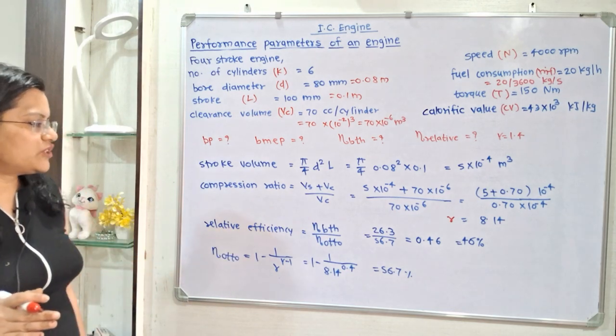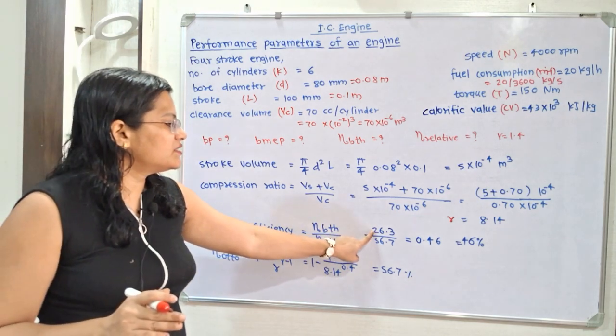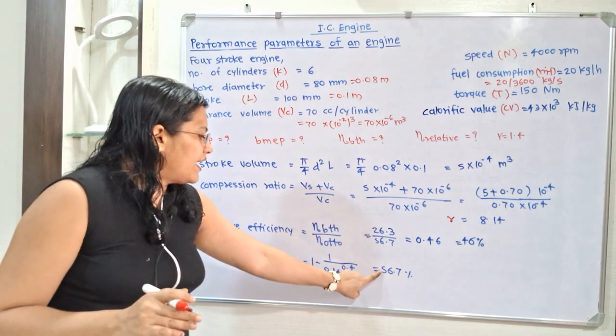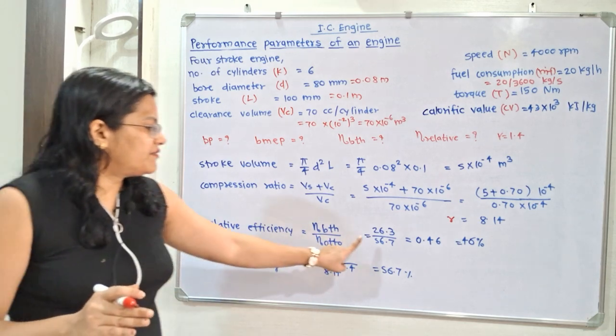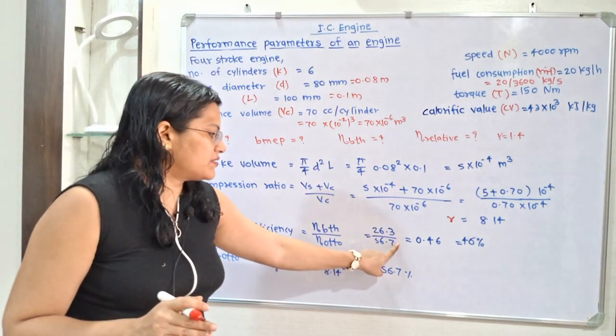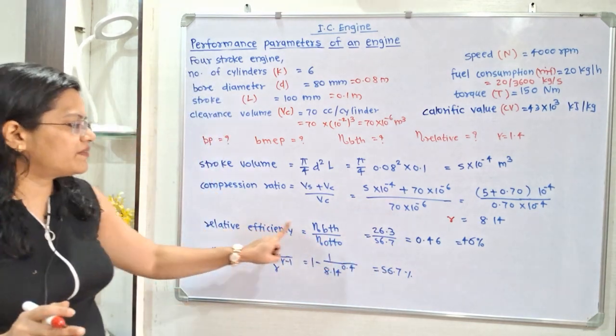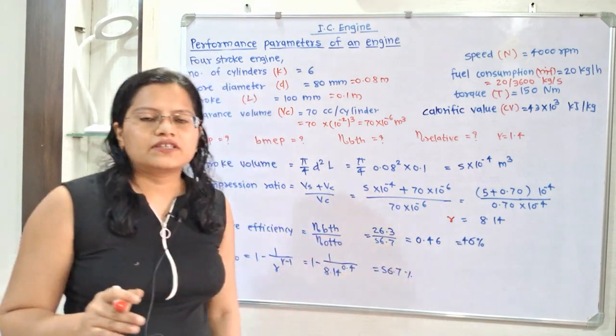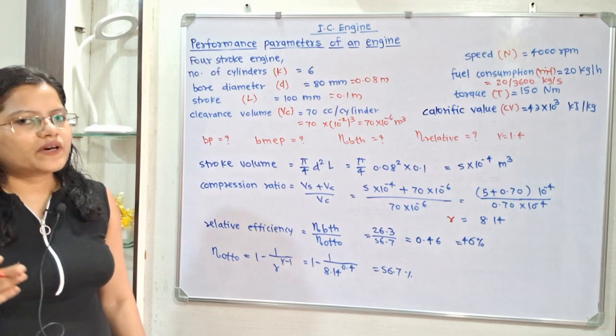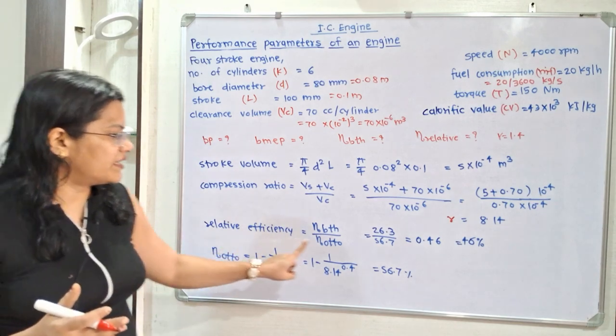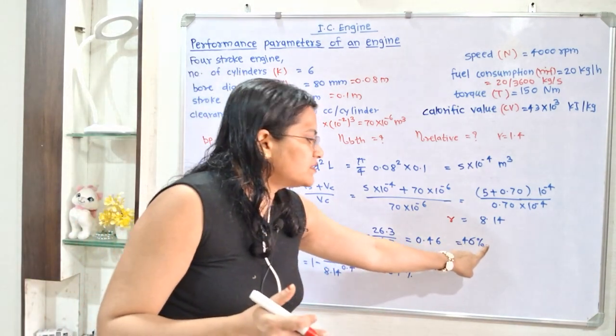Now relative efficiency: brake thermal efficiency is 26.3% and air standard efficiency is 56.7%. So its answer, relative efficiency, is 0.46. But we will convert it into percentage by multiplying with 100. So the answer is 46%.